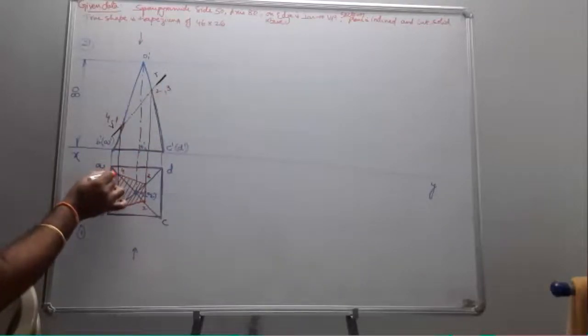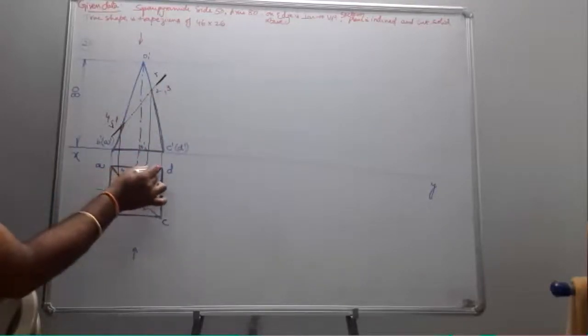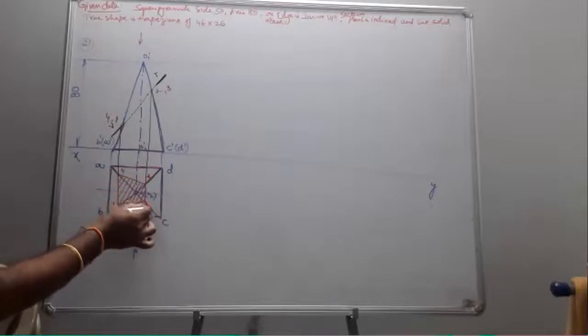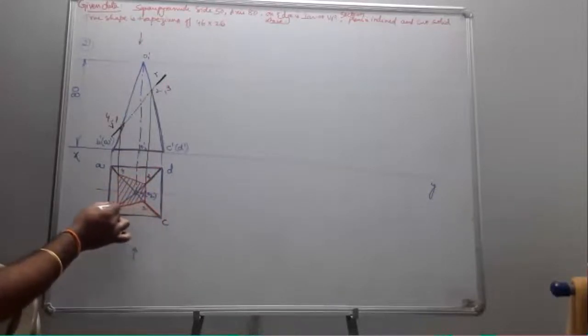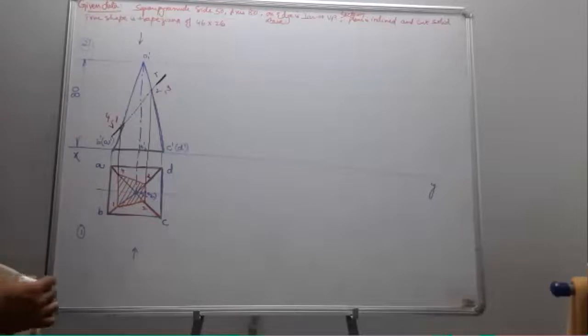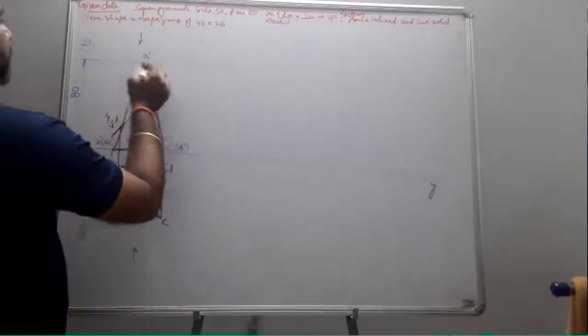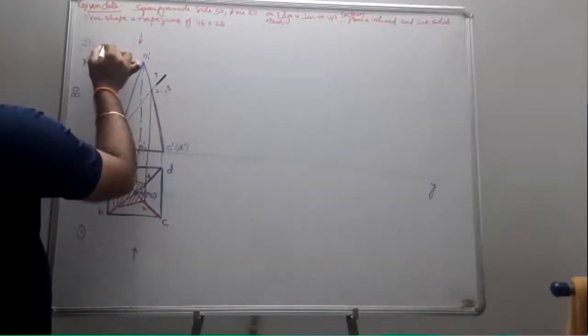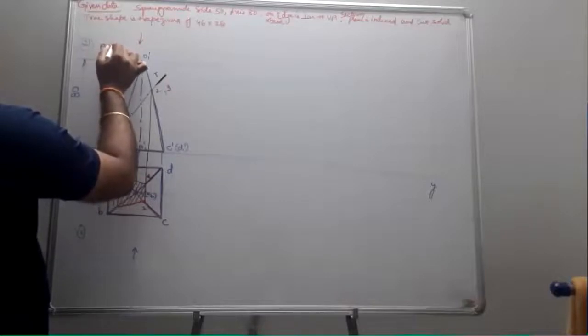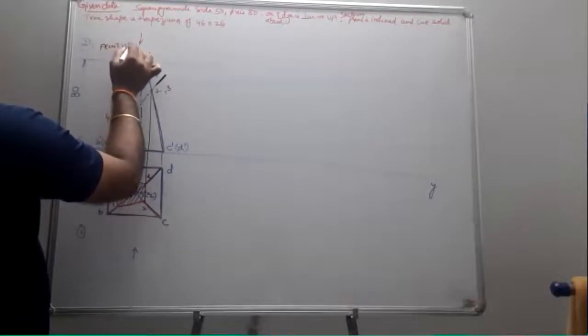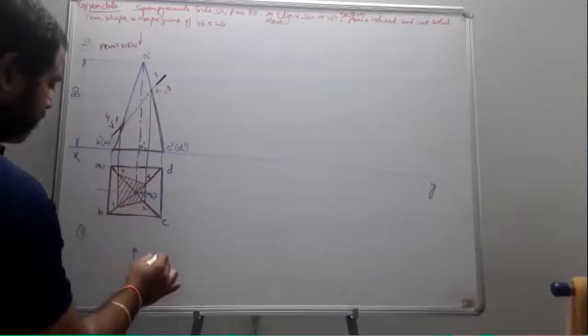So these are also going to be joined. So this was the retained portion. So this we can call just the front view. So this was the sectional top view.